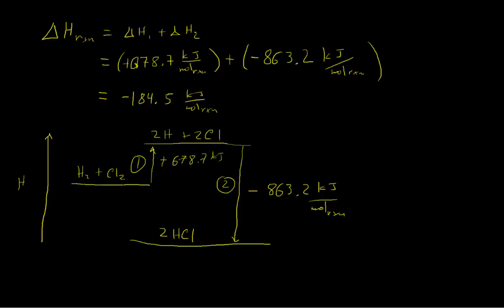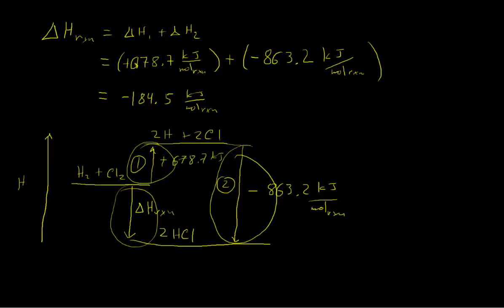So we first break the bonds between the atoms to form just the atoms. Then we put the atoms together in a different way. And the difference between these two lines then is the delta H for this overall reaction. And you can see how it's the sum of these two numbers, because this distance plus this distance is equal to this distance, right? So we can see that sort of graphically.